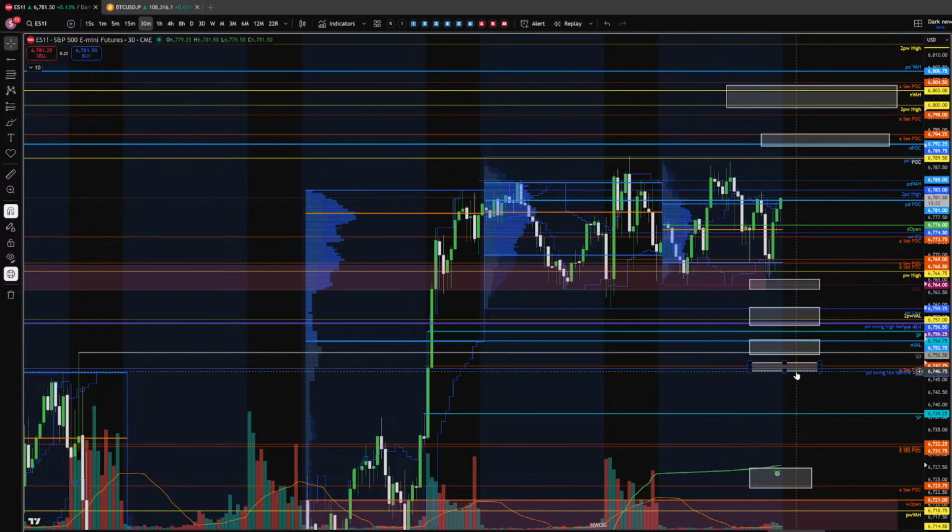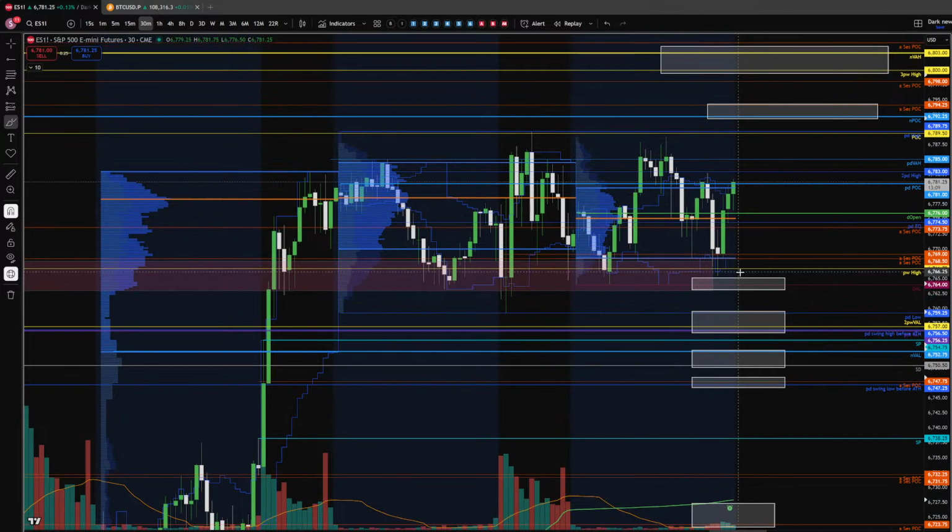But if this doesn't hold, even if we don't do this but instead we do this, I would expect this here to act as resistance to move price even lower.